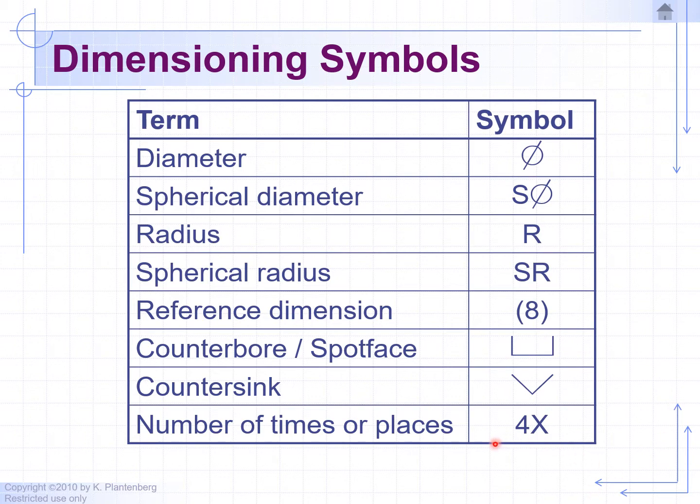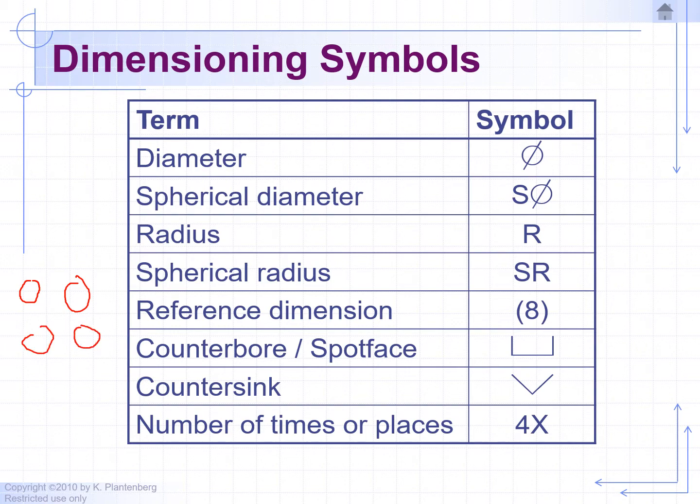If you're dimensioning a hole, if we go back to the first symbol, diameter, say you have a hole that's 1 inch in diameter, but there's a pattern of 4 holes with the same size. Then we're going to use 4x, telling us there are 4 of them. So if you have a pattern of 4 holes, let me draw 4 holes with the same diameter.